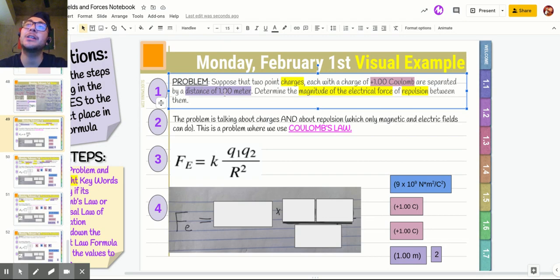So right here, as you can see, I did highlight keywords like charges, the magnitude of the electrical force, repulsion. I specifically highlighted positive 1 Coulomb, and then a distance of 1 meter. So we actually have actual numbers right here. I'm going to identify them specifically as well. Okay, so I highlighted stuff right here.